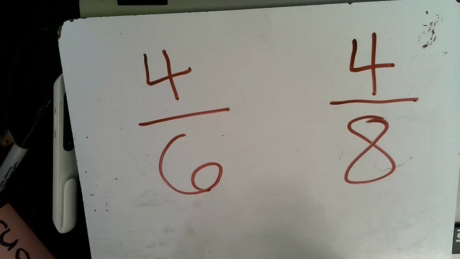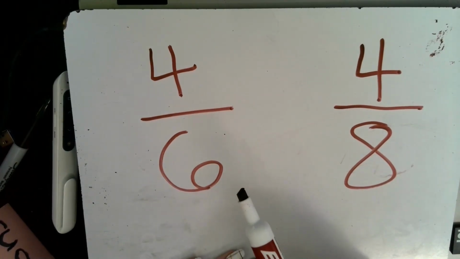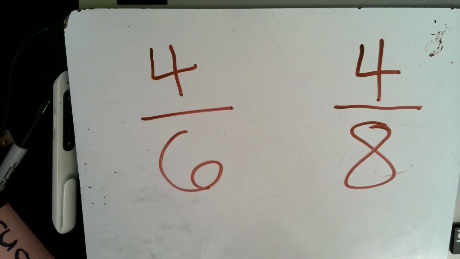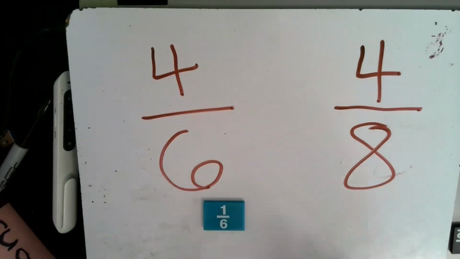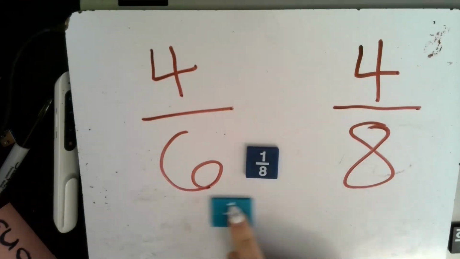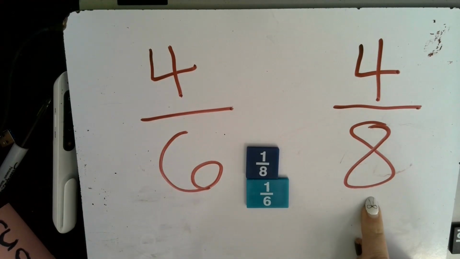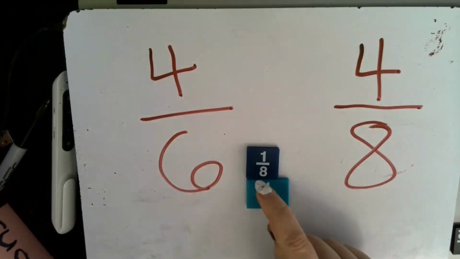Look at the like numerators. All right. 4/6 and 4/8. I know that. Here's a 6th. Here's an 1/8. I know that the bigger the denominator, the smaller the fraction, right?